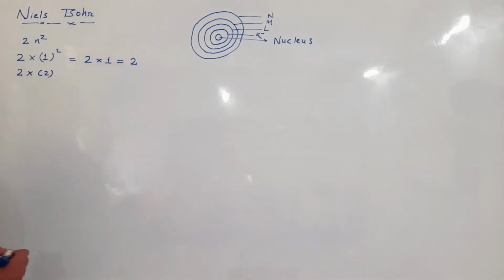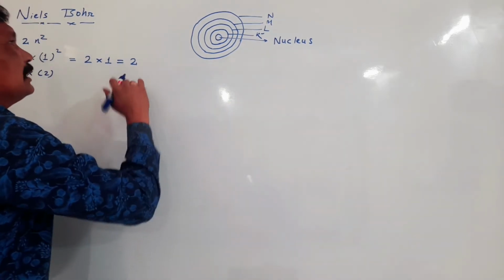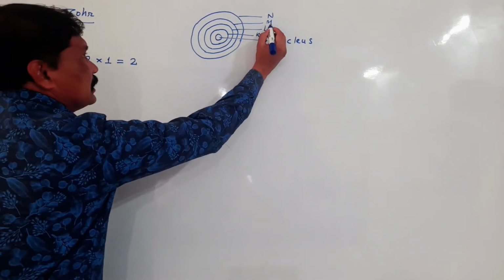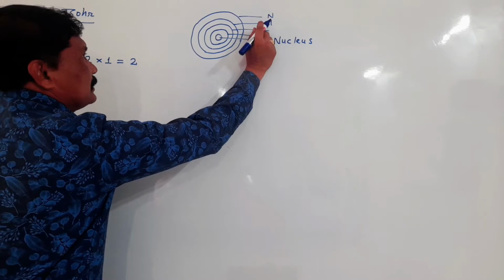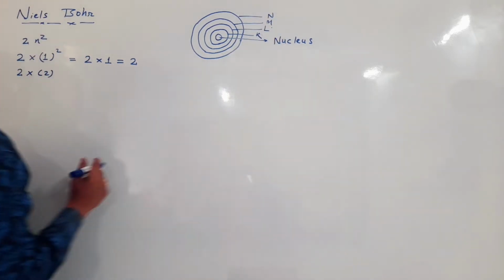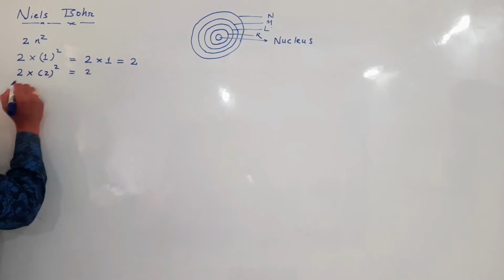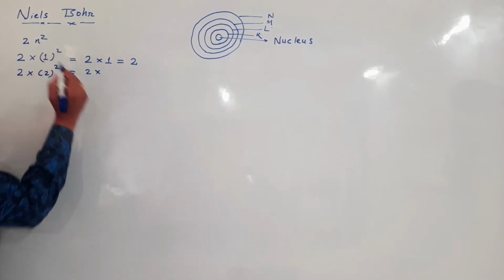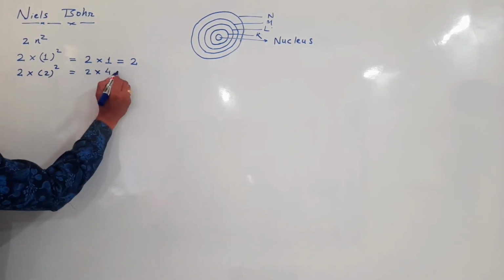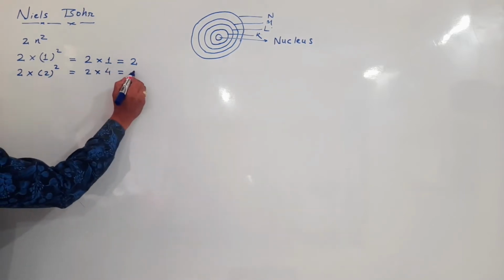Now here we are going to study the number of electrons present in the second shell, which is called L. 2 into 2 square: 2 2s are 4, so 2 4s are 8.